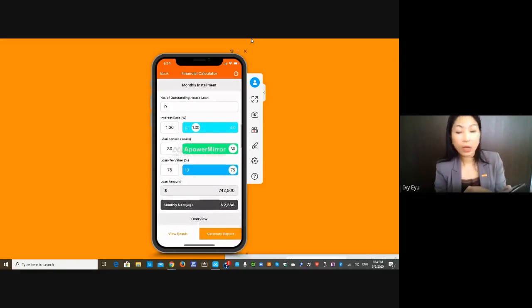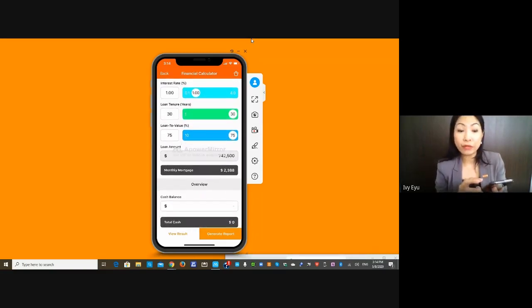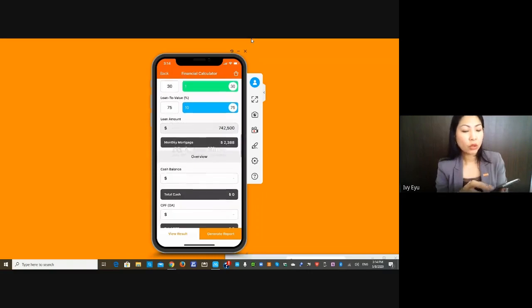Okay. So assuming they are young couple and they can get a 30 years loan tenure and their LTV will be 75%. So over here, immediately the calculator will show you their loan amount based on purchase of 990K is 742,500. Their monthly mortgage is estimated to be about 2,388.